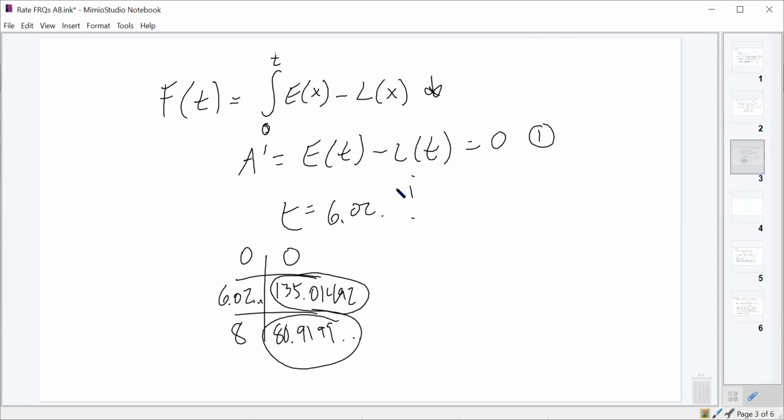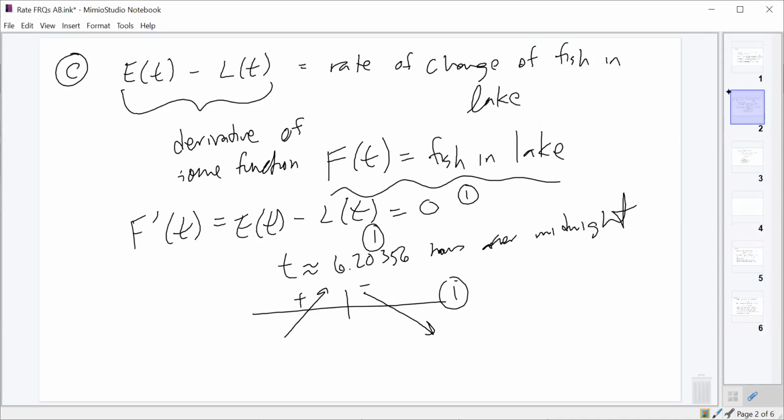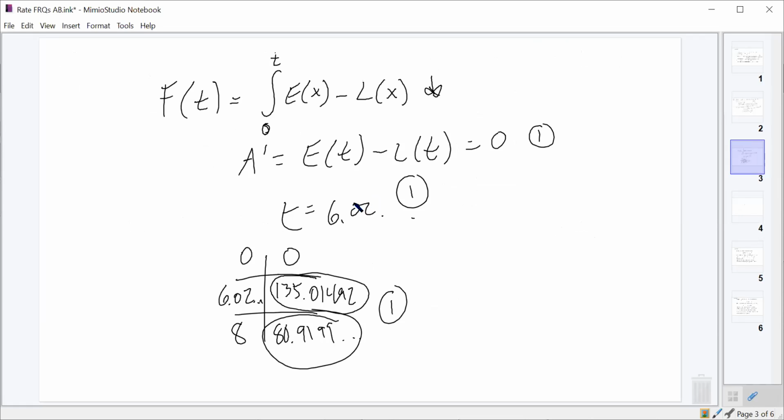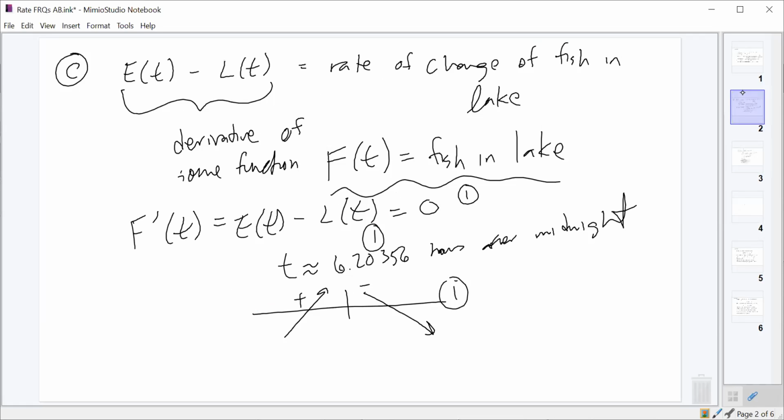So whichever way you decide to do it, it's 1, 1, 1 this way, and 1 point, 1 point, 1 point this way.